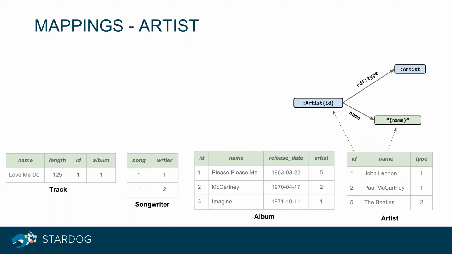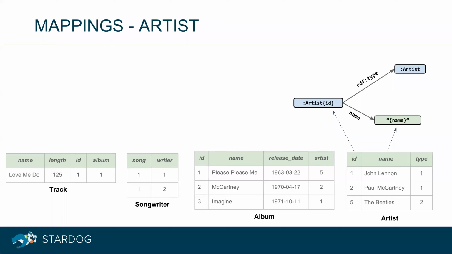The names inside curly brackets identify the columns of the table. So when this template is instantiated with the values of the ID column, we would get IRIs like :artist1, :artist2, :artist5. The colon at the beginning of the IRI indicates that the IRI belongs to the default namespace, which is not shown here. But we would get a fully valid IRI as a result of this template.